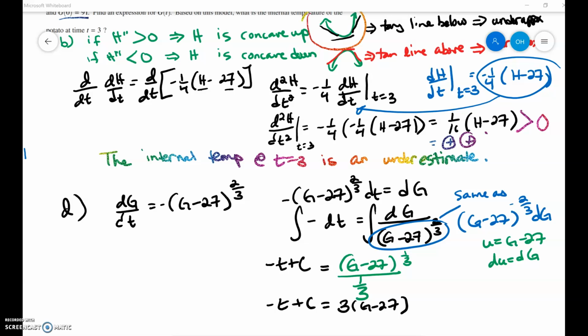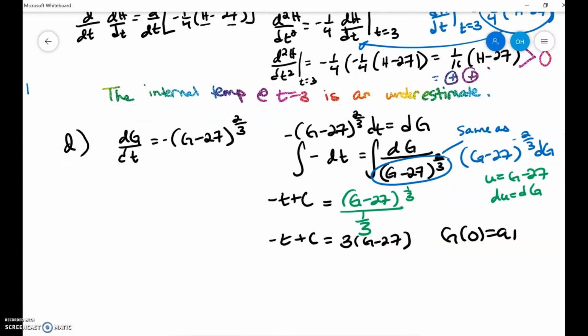Now I'm going to use my initial condition, which was that g of 0 is equal to 91. So I have negative 0 plus c is equal to 3 times 91 minus 27 to the 1/3, and that ends up giving me that c is equal to 12.